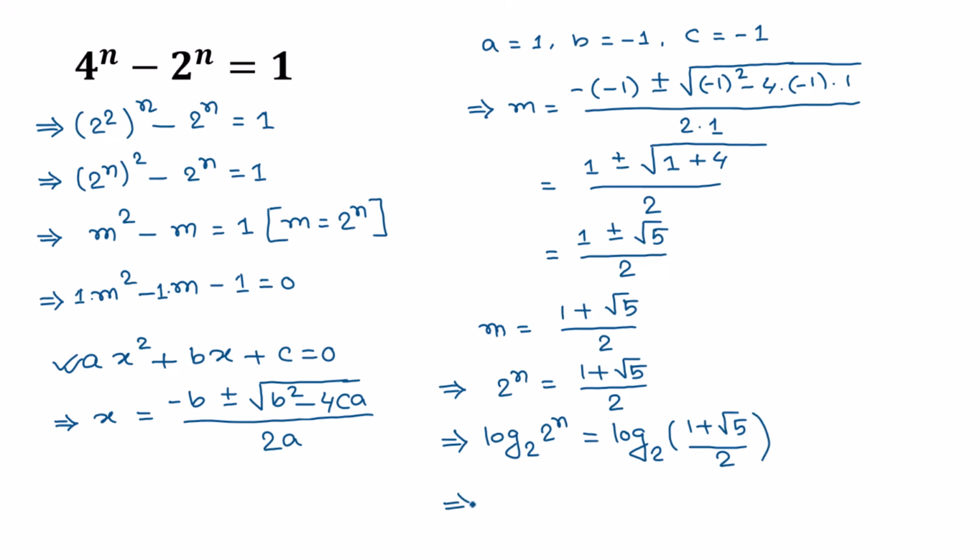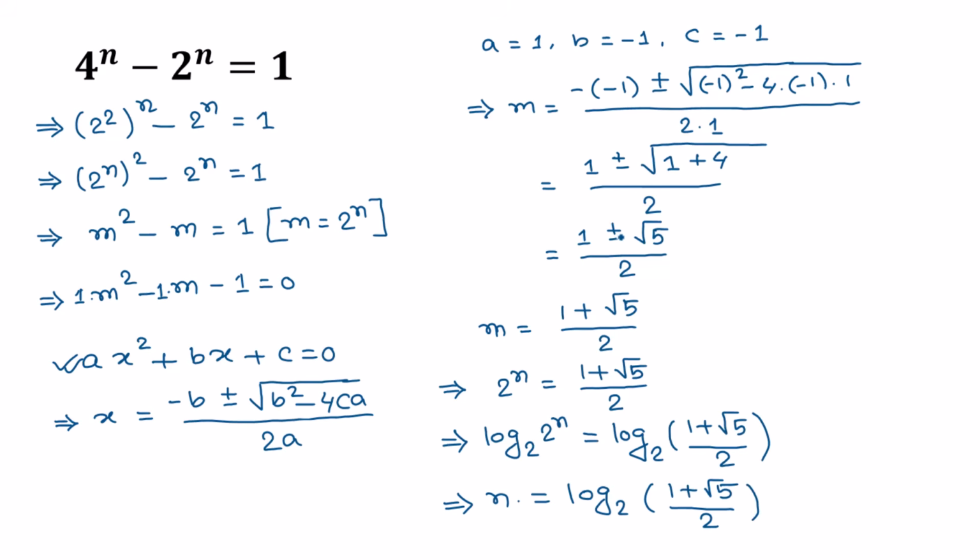Log base 2 of 2 to the power n we can write as n times log base 2 of 2, which is 1, so we have only n, equal to log base 2 of (1 plus the square root of 5) over 2.